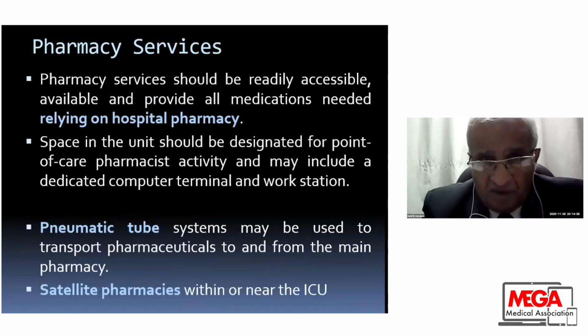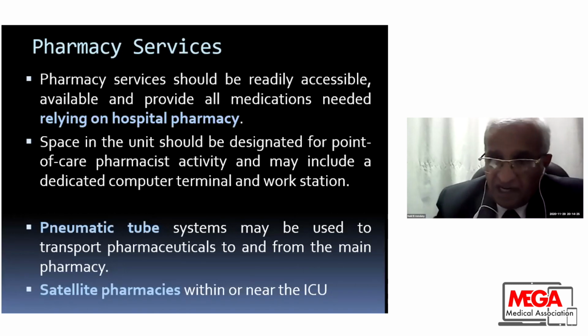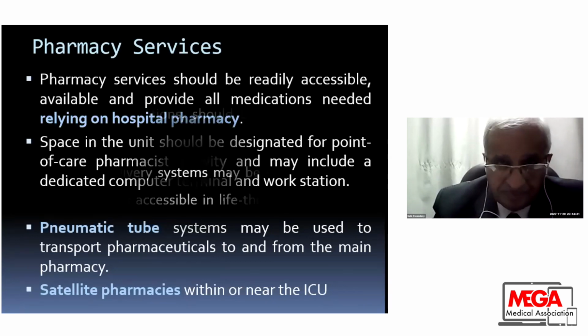As regards pharmacy services, they should be readily accessible, relying on the hospital pharmacy and not buying some things from outside. Space in the unit should be designated for point-of-care pharmacist activity and may include a dedicated computer terminal and workstation. Pneumatic tube systems may be used, or satellite pharmacists.